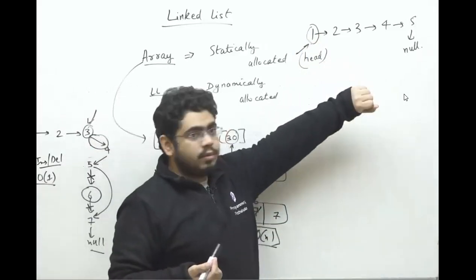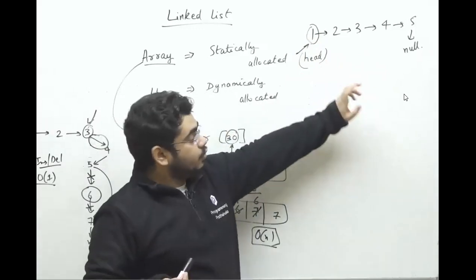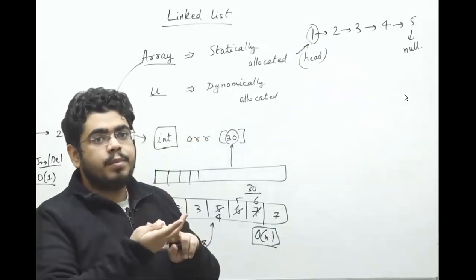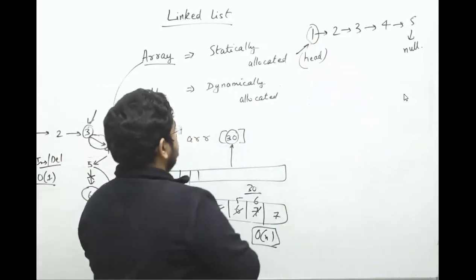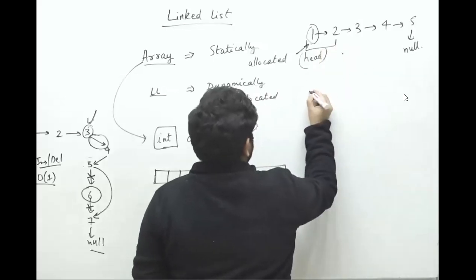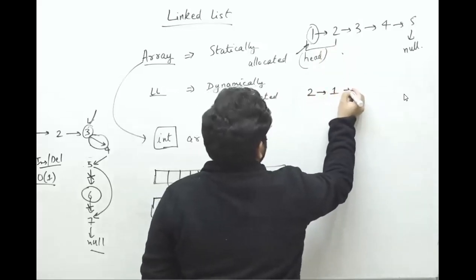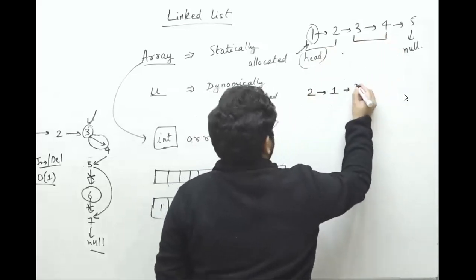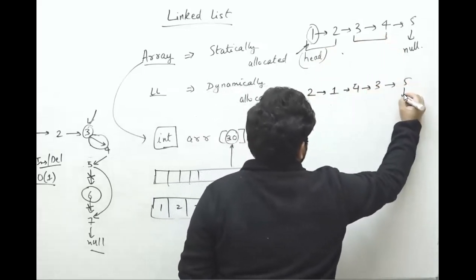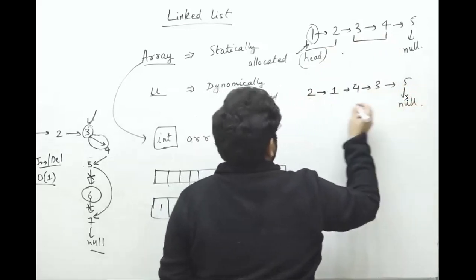So let's take up a question which says you are given a linked list, and you need to swap pairs of nodes. What I mean by that is this is a pair, you will swap them. So 2, 1, then this is the next pair, you will swap them, 4, 3, and then 5, because it does not have a pair, then null.